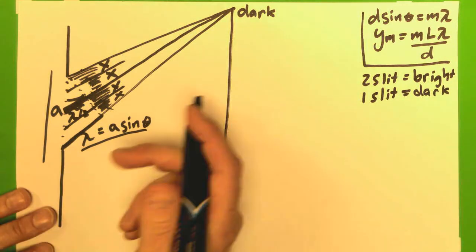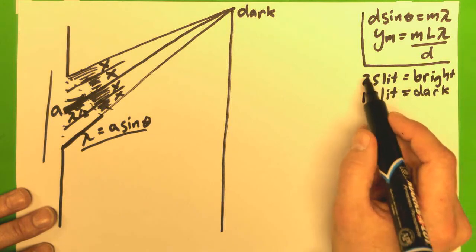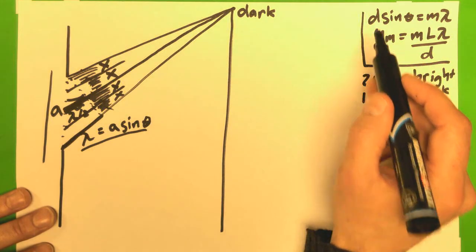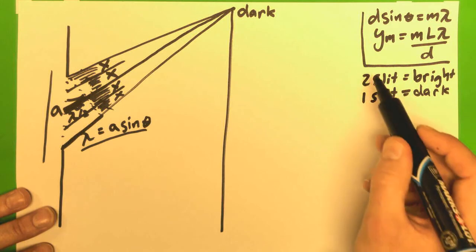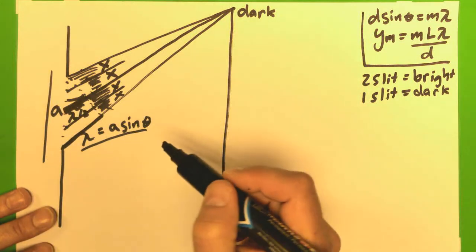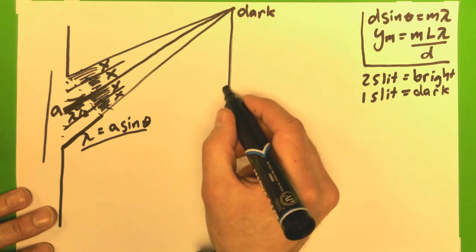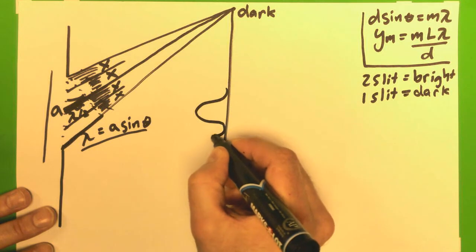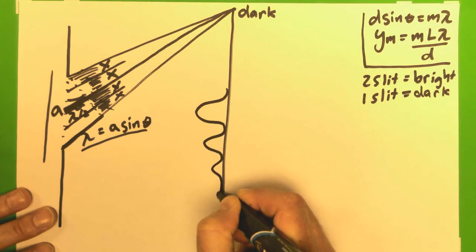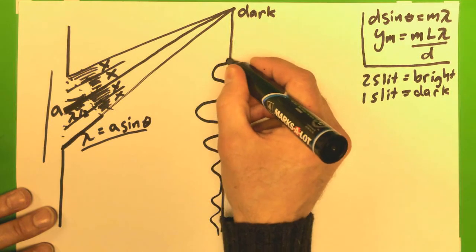Okay. Now generally, when we do have double slit, the width D, being the distance between the two slits, is usually much larger than the actual slit width. And so you can end up, as I showed in the previous video, with peaks that look like this.